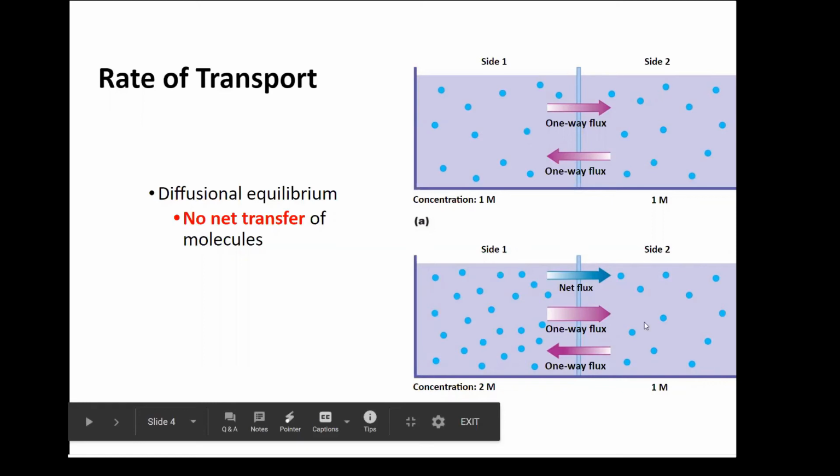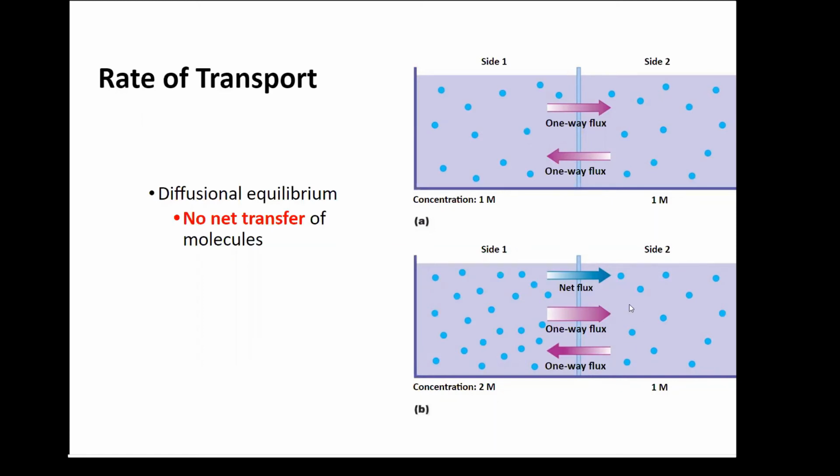Okay. And the reason there's any against the gradient is just by random chance, basically. Movement of molecules is kind of probabilistic rather than always individually tightly controlled, assuming always that the membrane is permeable to that molecule.